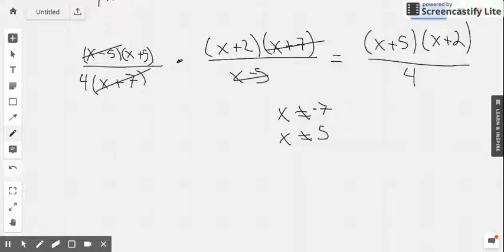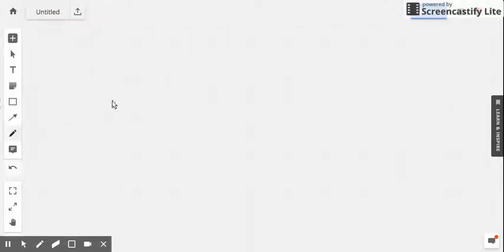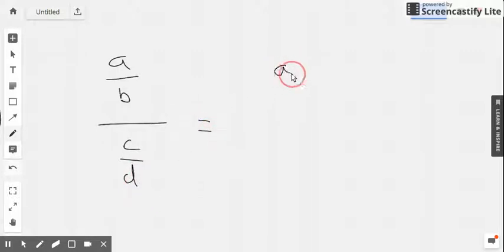Okay. Just from a vocabulary standpoint, I want to point out something. You can have something called a complex fraction, and a complex fraction looks like this. It's where you have a fraction over a fraction in this form, which is just the same as a over b, all divided by c over d. Right? These are the same things.